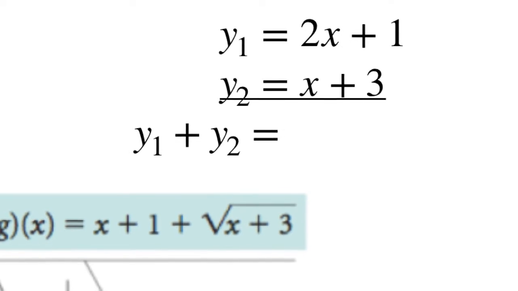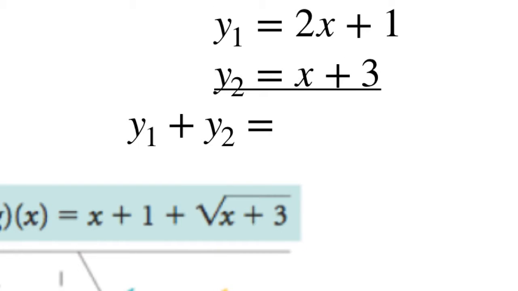I want to direct your attention up here. Just to give you an example, we might have two equations that you're graphing, and you can add equations. It definitely works out. y1 plus y2 could just be 3x plus 4. You're adding all the like terms.